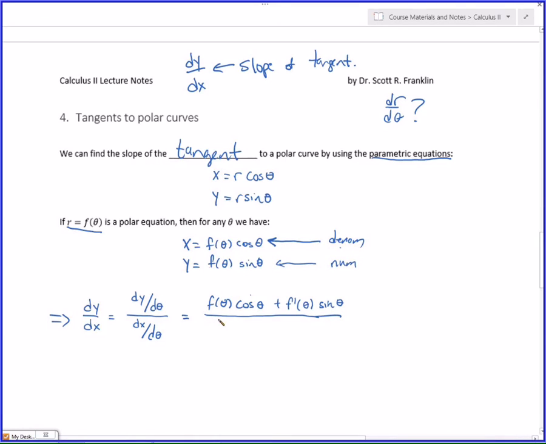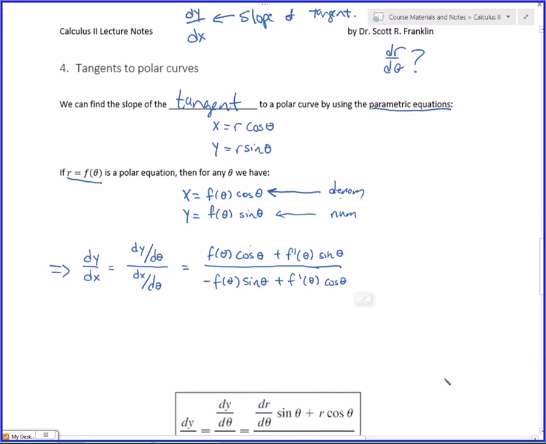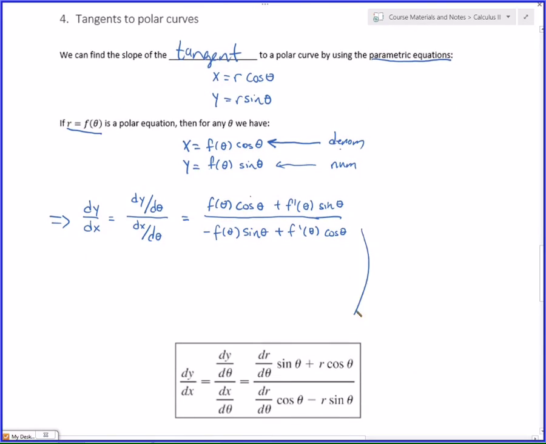And then on the bottom I have negative f of theta sine of theta plus f prime of theta cosine of theta. And all I did to get this box down here is I used the fact that f prime of theta is dr/d theta. And then I think I switched the order.